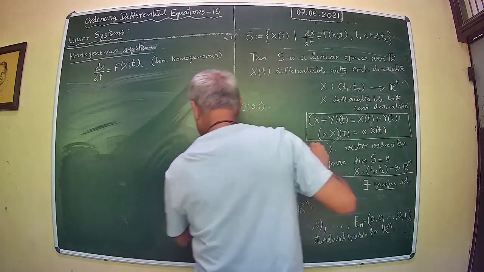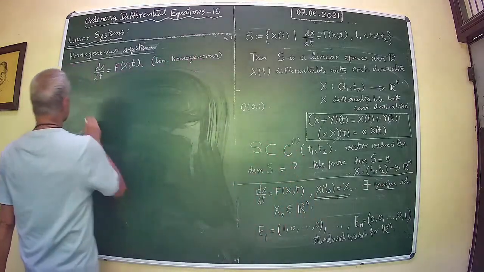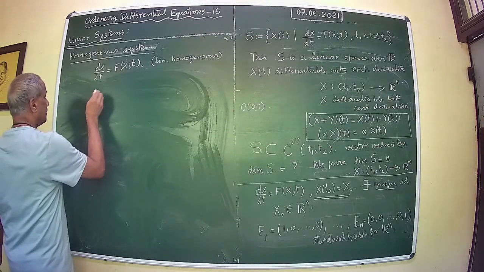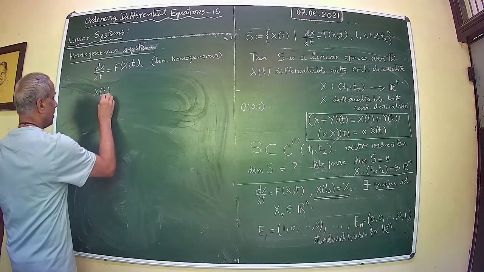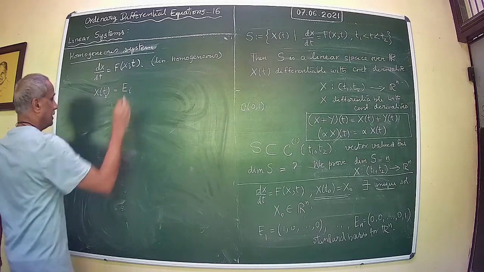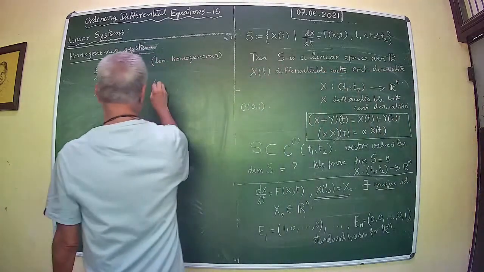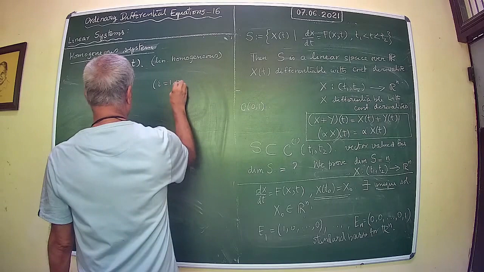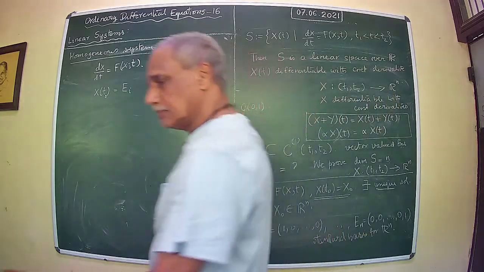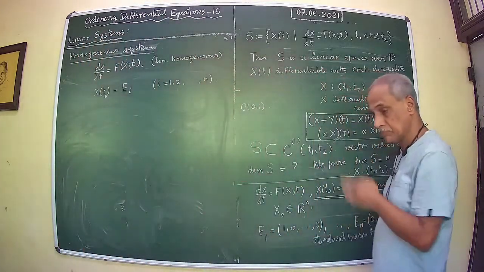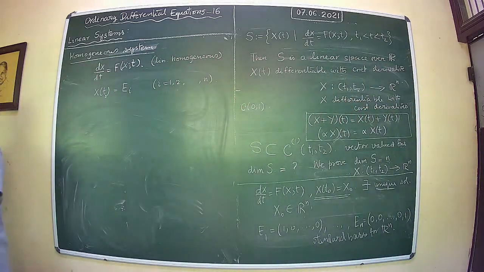You take the initial condition x(t0) equal to ei for i running from 1 to n, so you have now n problems, each with a different initial condition. So what you ask is the following.